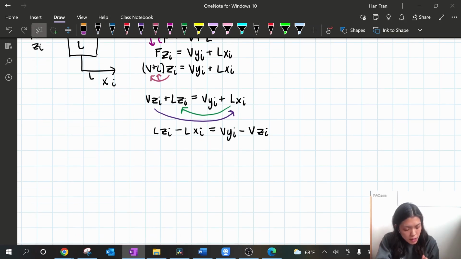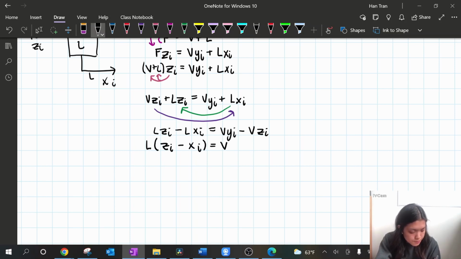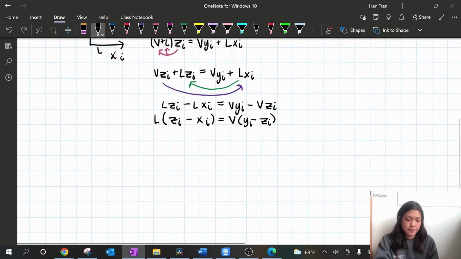If we factor out like terms, we have the liquid times the quantity of the feed mole fraction minus the liquid mole fraction equals the vapor times the quantity of the vapor mole fraction minus the feed mole fraction, all the mole fractions for component i.